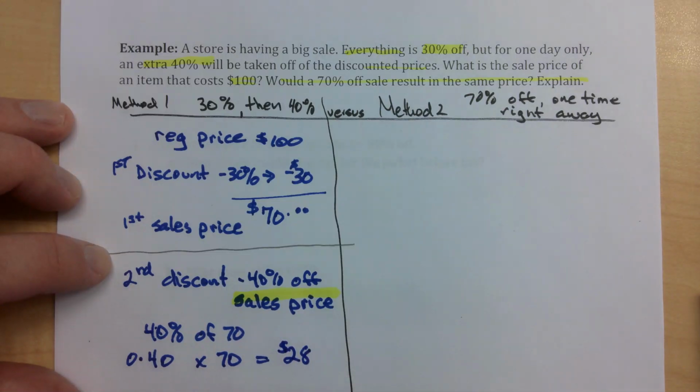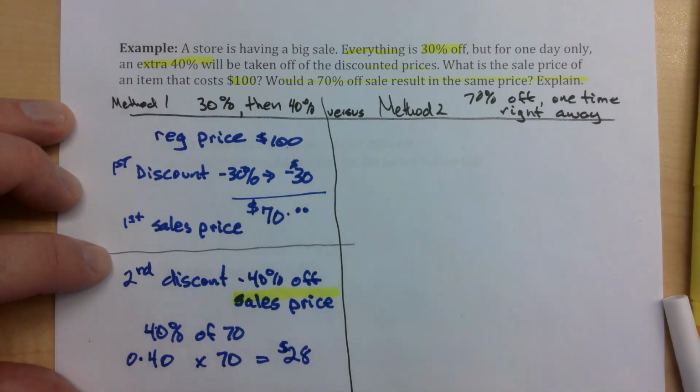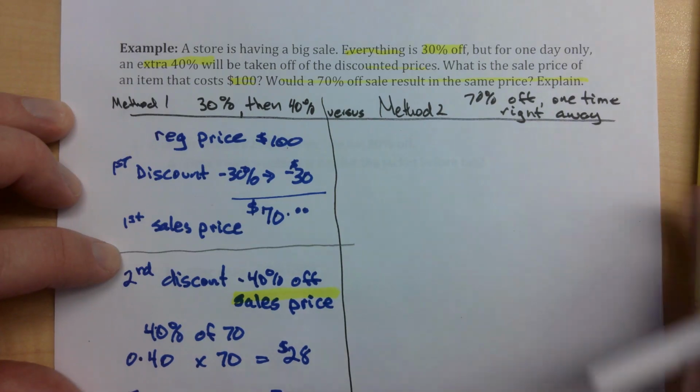Had we been allowed to take the 40% off the 100, that would have been $40. But yeah, c'est la vie. So the final sales price, I'm going to just put SP, is equal to 70 minus 28, and that's equal to $42.